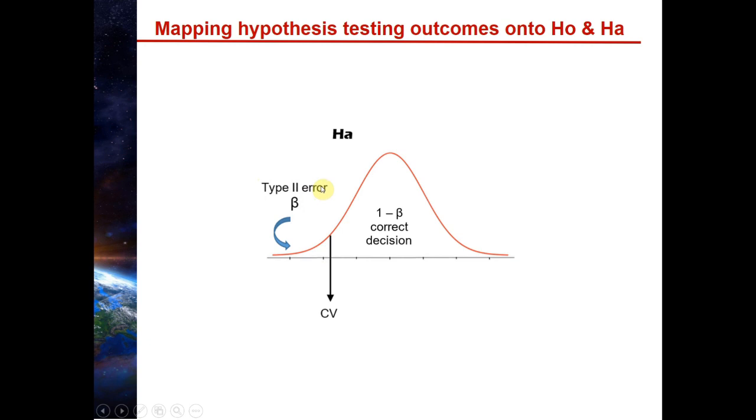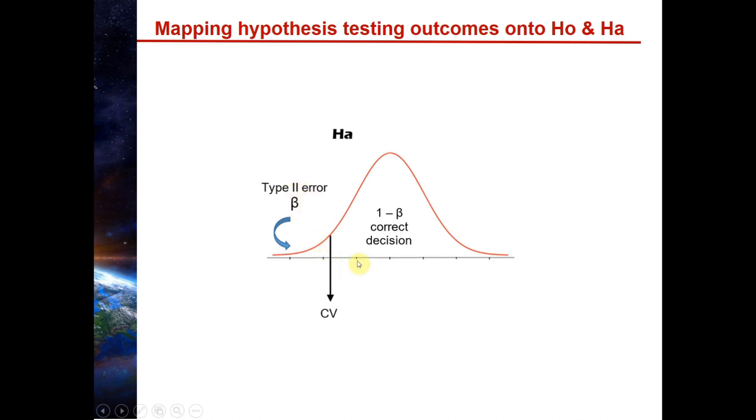That's where you retain H0, but you should have rejected it. It's called a type 2 error, and the symbol for calculating the probability of a type 2 error is beta, and it is measured by this area here. So if we were to calculate this area, that would be the probability of making a type 2 error.